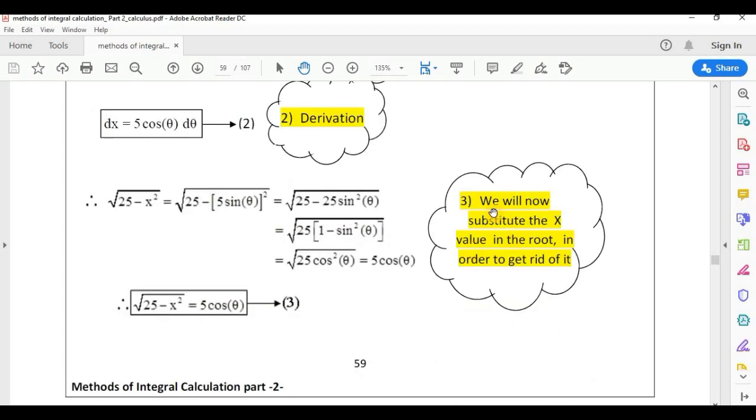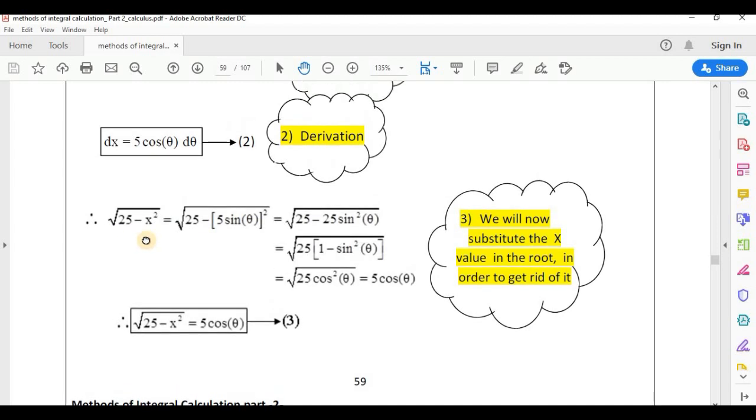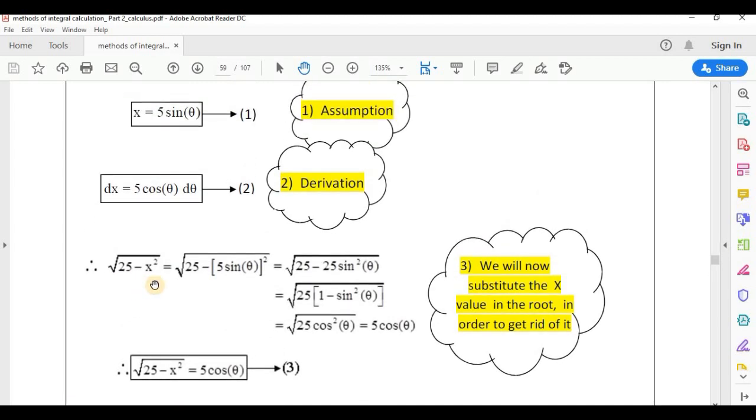The third step, we will now substitute the x value into the root in order to get rid of it. We have this radical expression, and we will substitute the value of x. What is x? x is equal to 5 multiplied by sine theta. After substituting the value of x and simplifying, we will take the number 25 as a common factor.